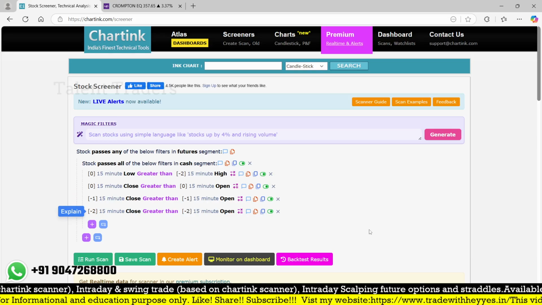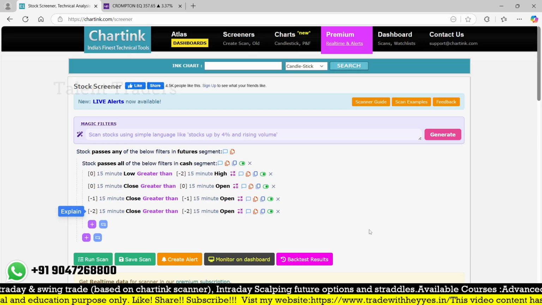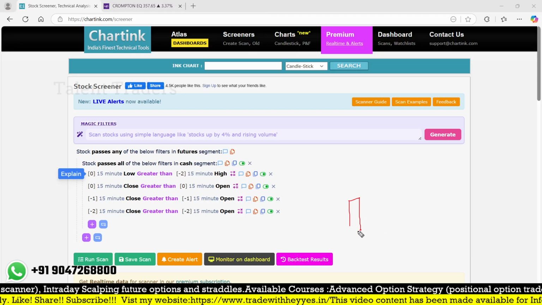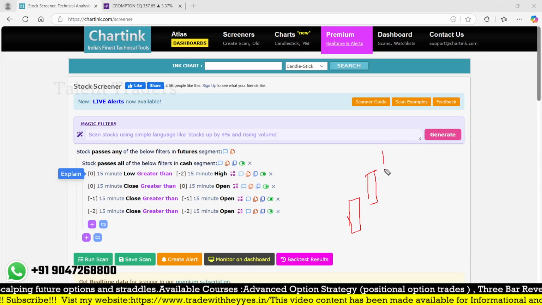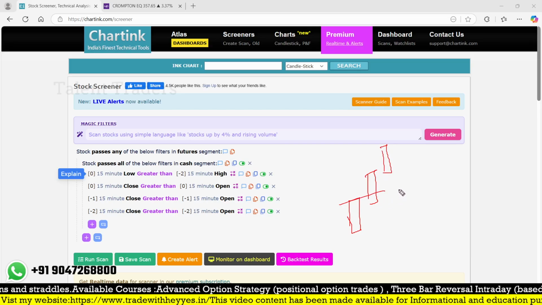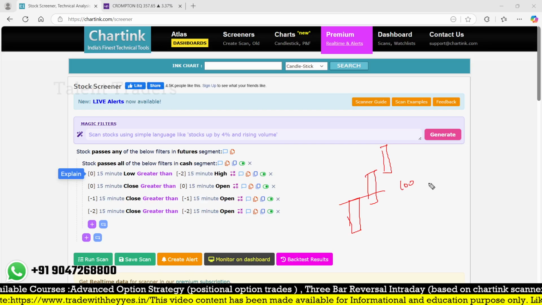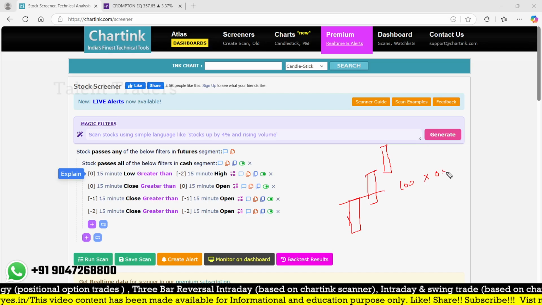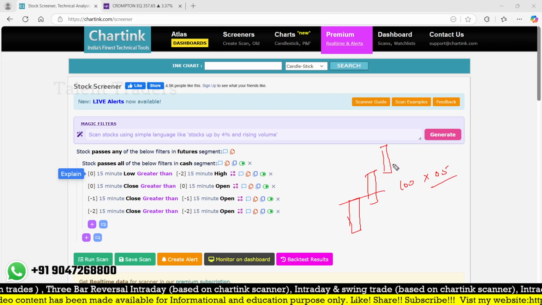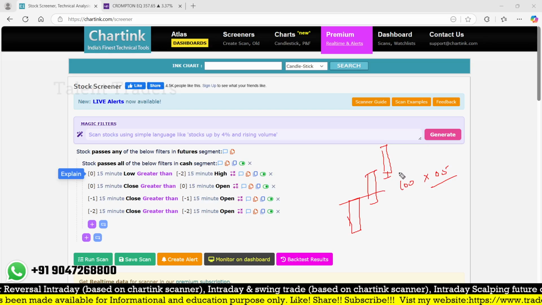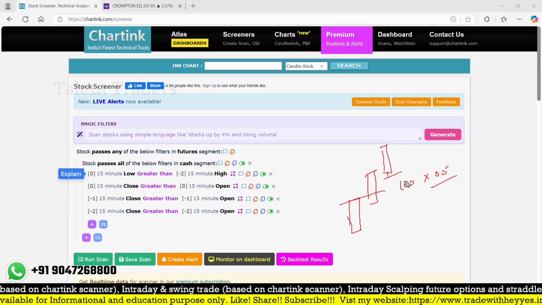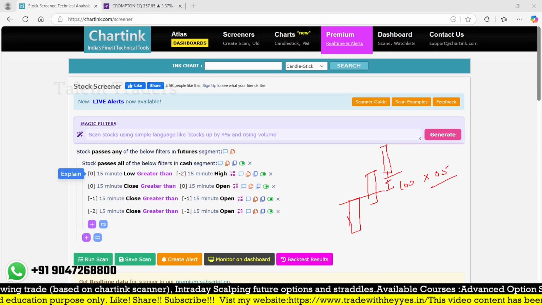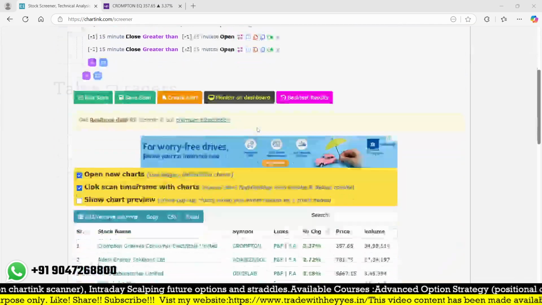For example, if the high of that particular candle is somewhere around 100 rupees, across the first, second and third candles, we should use a multiplication of maybe around 0.5% on the low. It will help you find a clear gap.